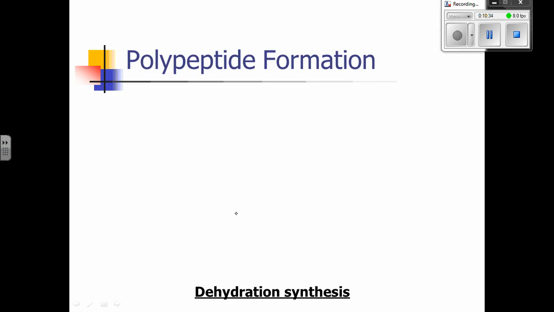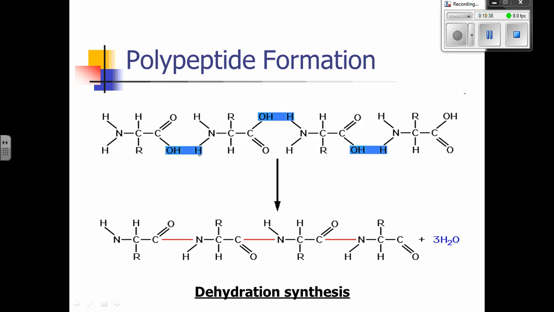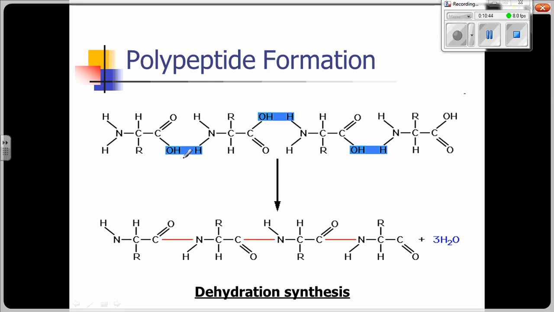So when we're talking about polypeptide formation, we're going to be basically using our simple dehydration synthesis that we should all be familiar with now. Water is going to come out of the molecule. You're going to get rid of your water, and when you do that, you're going to end up forming what we call a peptide bond.